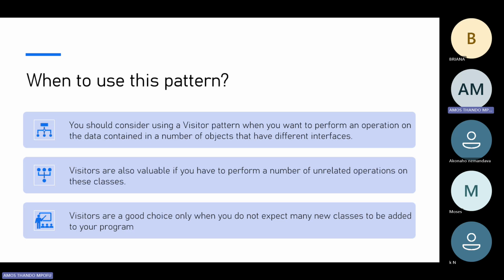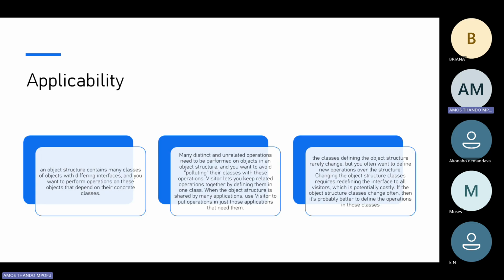If they perform unrelated operations on these classes, and when you look at the maintenance, when you want to add new classes, those new classes won't be a lot. As you can see, it's only good when you do not expect many new classes to be added. So you'd have to look at all those things in conjunction, making sure all of them are working hand in hand together.